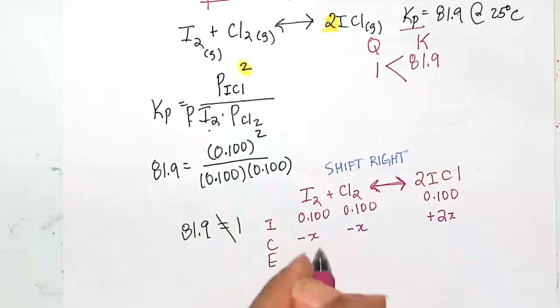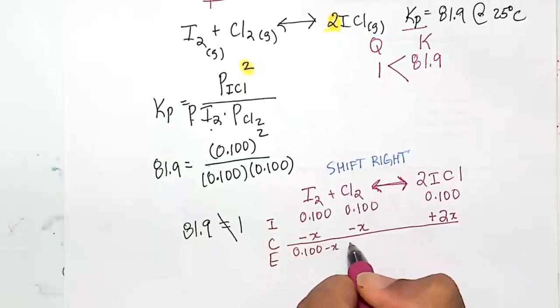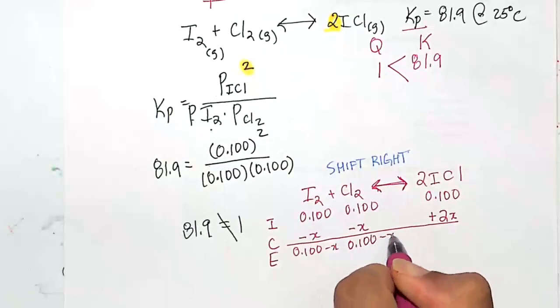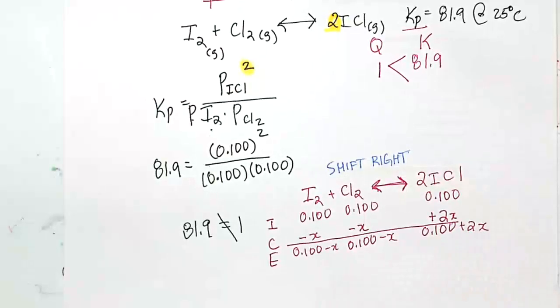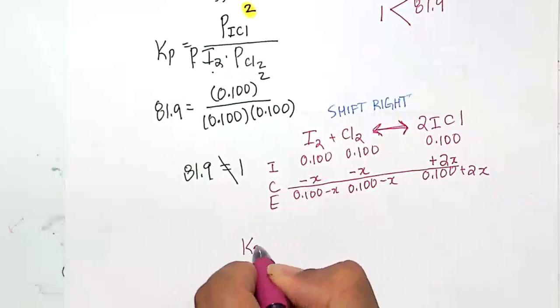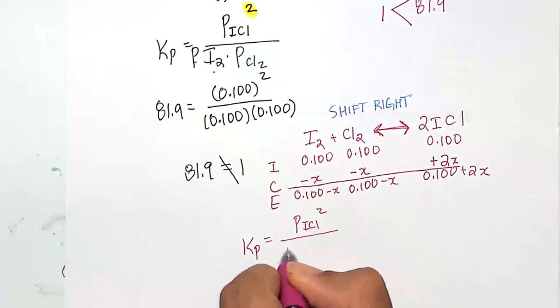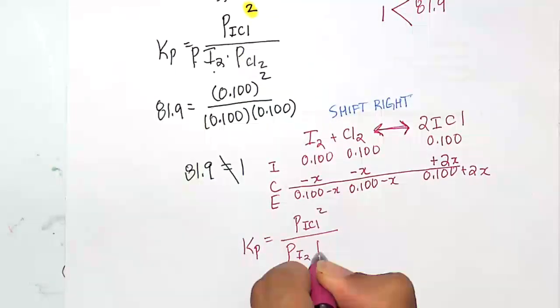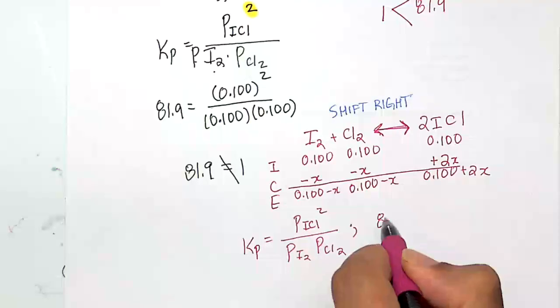All right, so finally at equilibrium, this is going to be 0.100 minus x, 0.100 minus x, 0.100 plus 2x. Let's plug that into our Kp here. Kp is the pressure of ICl squared divided by the pressure of I2 times the pressure of Cl2.